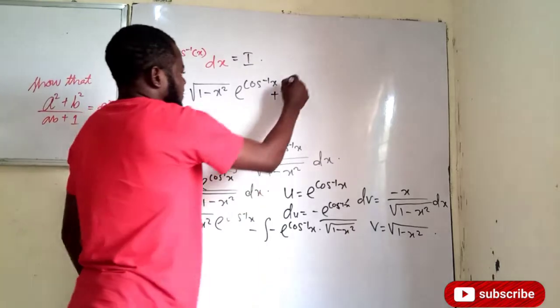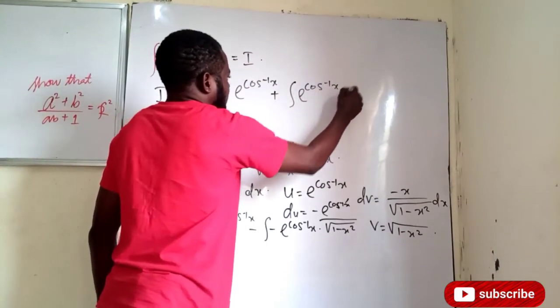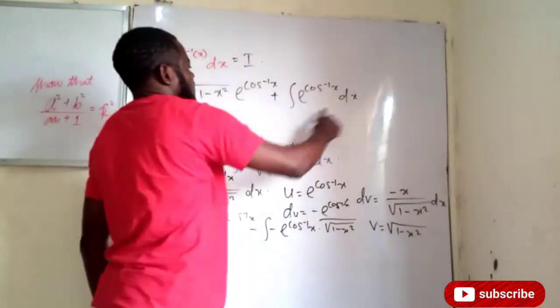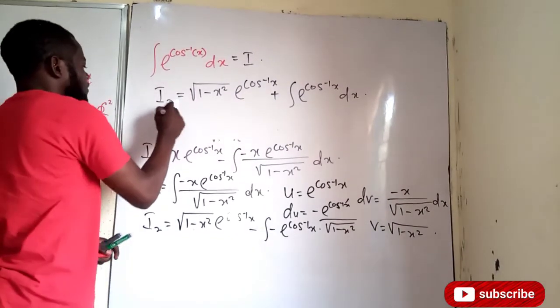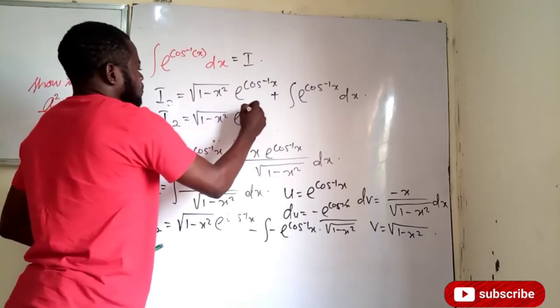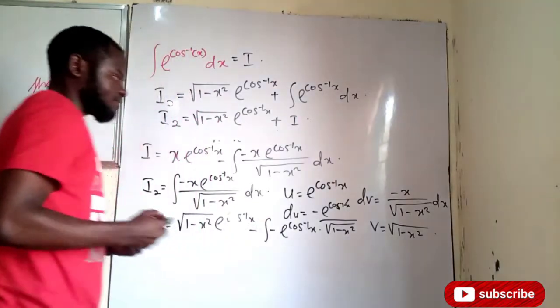Then I will have the integral of e to the power of arc cos of x dx, like that. But if you look at this, you're going to see that it is the function that we started with. Hence, I2 will become the square root of 1 minus x squared e to the power of arc cos of x plus I, like that.